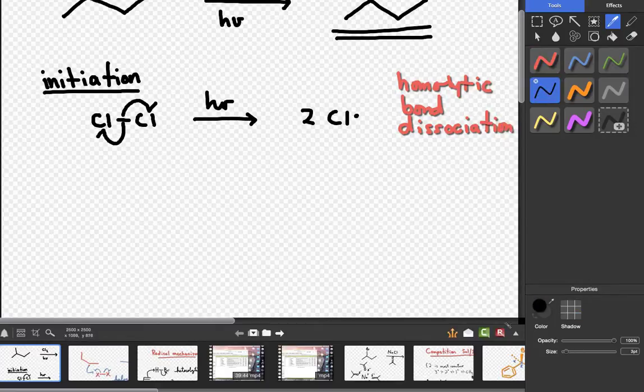Let's look at step 2. One of these Cl radicals is going to react with a tertiary hydrogen in our carbon substrate. Again, this is going to be an abstraction of a hydrogen.